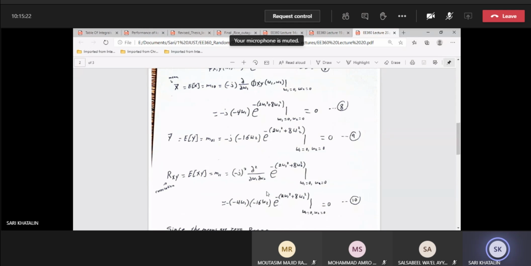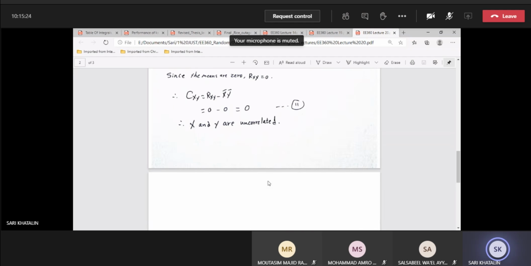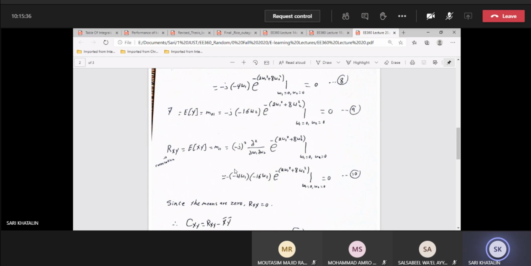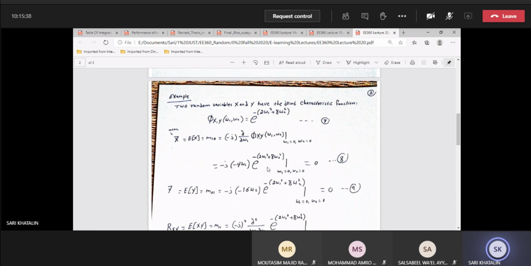So that's all we have for the characteristic function. The next topic in chapter 3 is the joint moment generating function, or MGF. Again, it's very similar to the characteristic function as we learned in chapter 3.